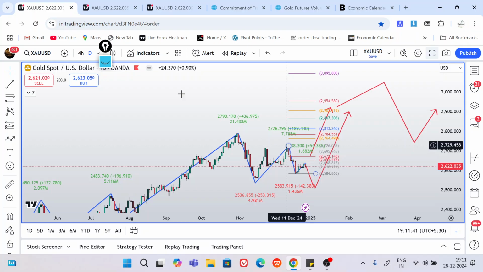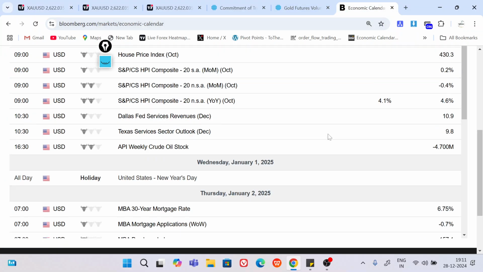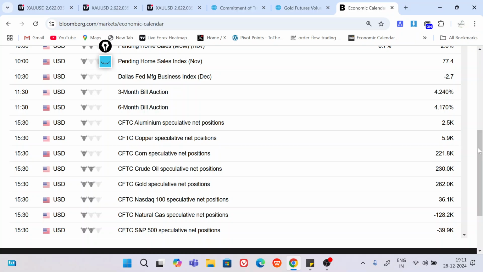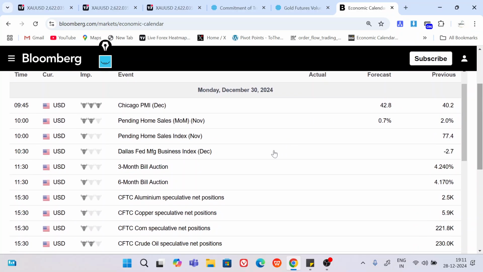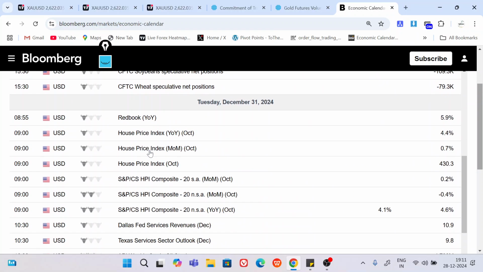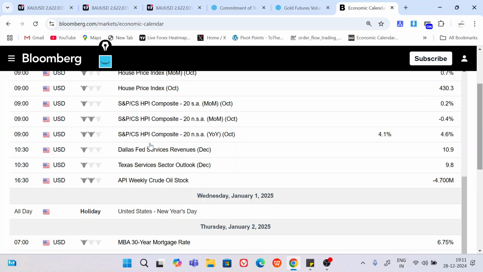Also, if we check the data for next week, what are the data that can generate intraday volatility? On Monday we have Chicago PMI. On Tuesday we do not have any major data.